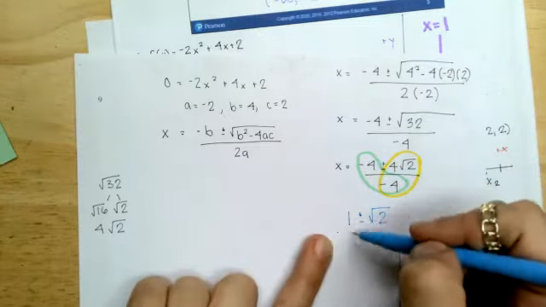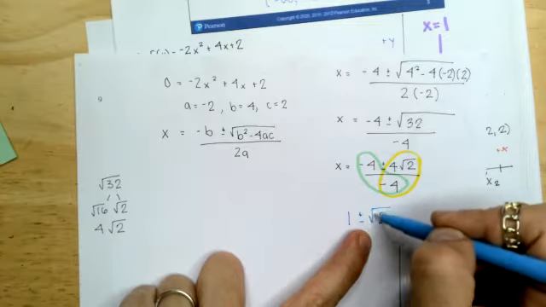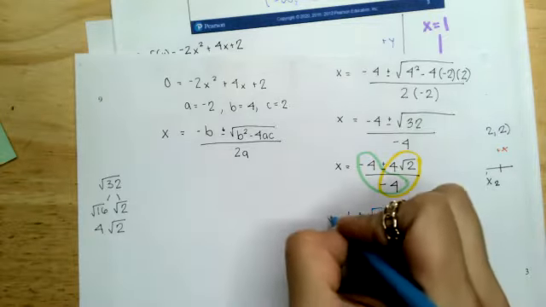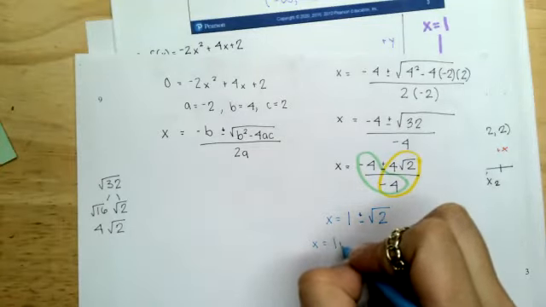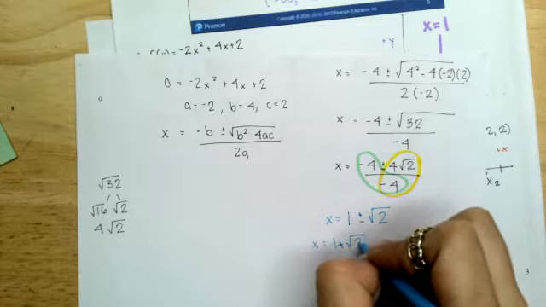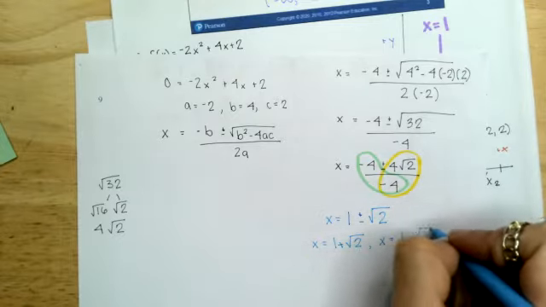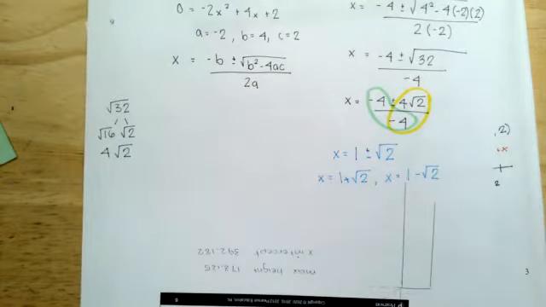That -4 and that -4 become a +1. That 4 and that 4 become a 1. Square root of 2. So now x is 1 plus square root of 2 and 1 minus square root of 2. They're not being multiplied, they're being subtracted.